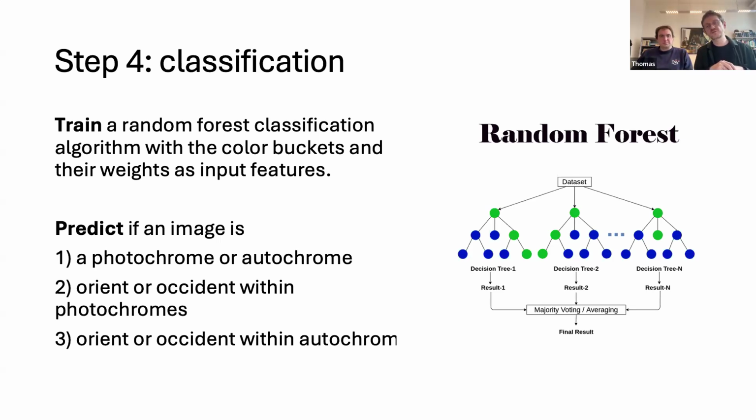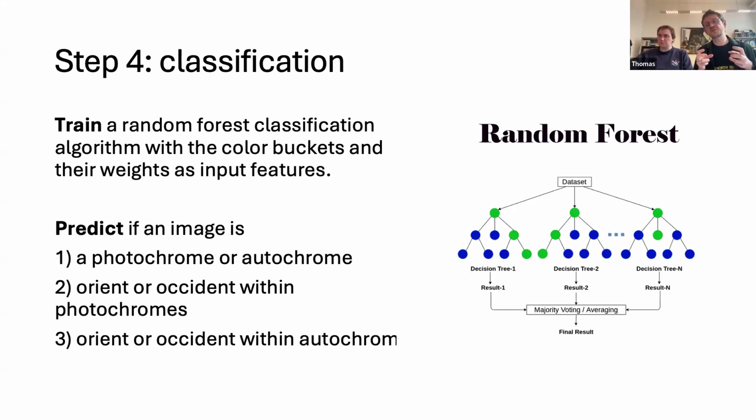And what you do is you train each voter on different subsets of the data. So you give them different sections of the data. And what they have to do is answer the question, is this an autochrome or a photochrome? And can I make this decision based on the information that I get? So the bucket information that I get.